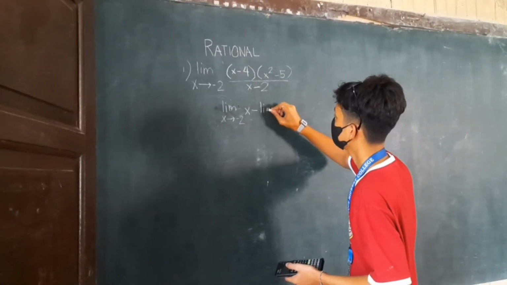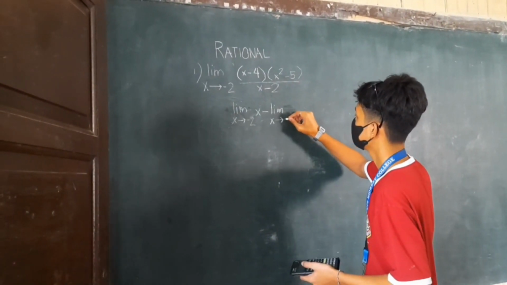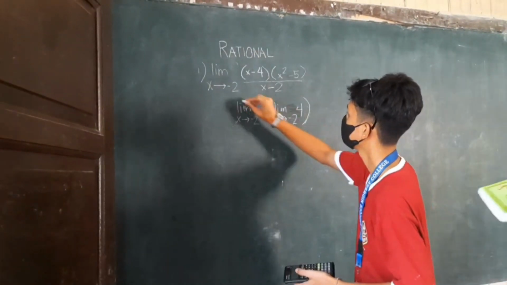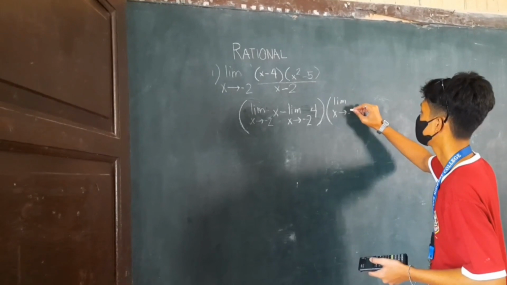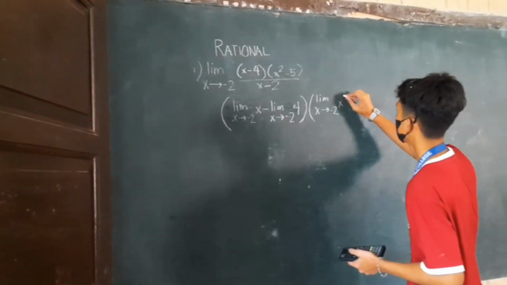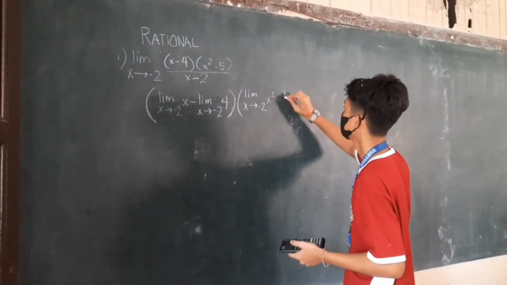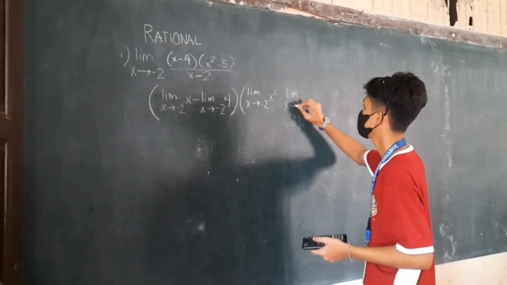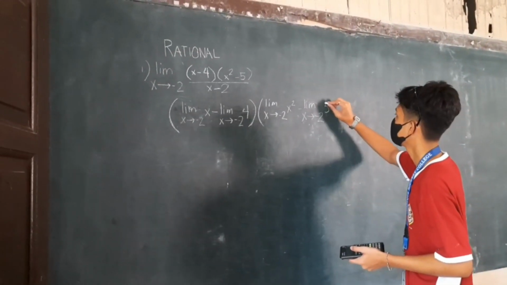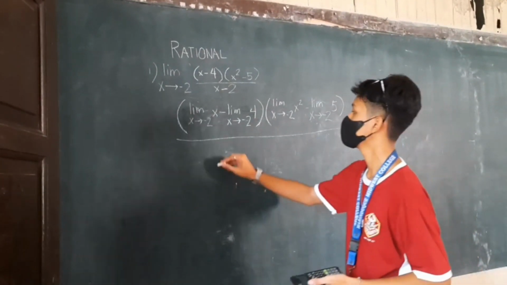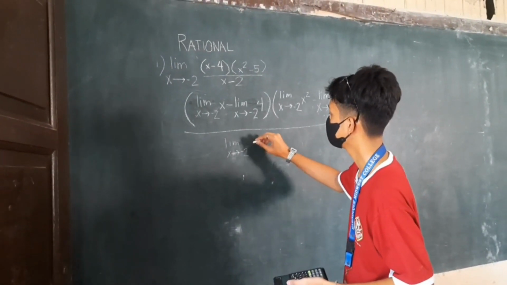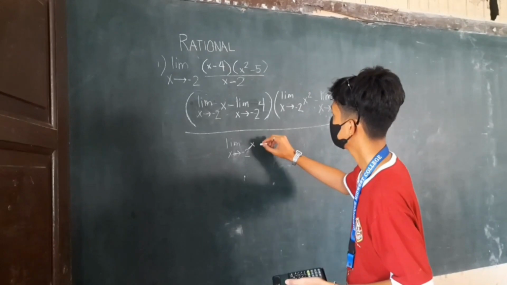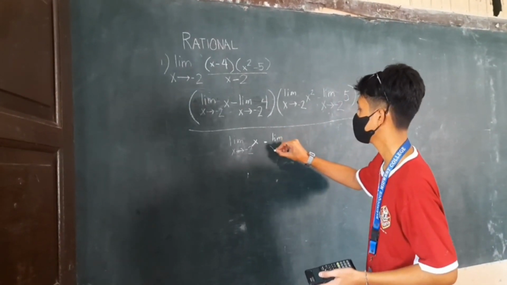Limit as x approaches negative 2 of x, minus the limit as x approaches negative 2 of 4, times the limit as x approaches negative 2 of x squared, minus the limit as x approaches negative 2 of 5, divided by the limit as x approaches negative 2 of x, minus the limit as x approaches negative 2 of 2.